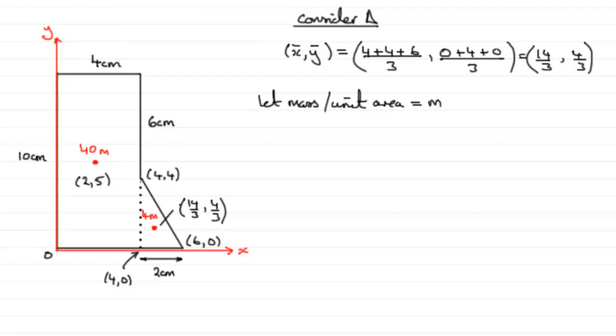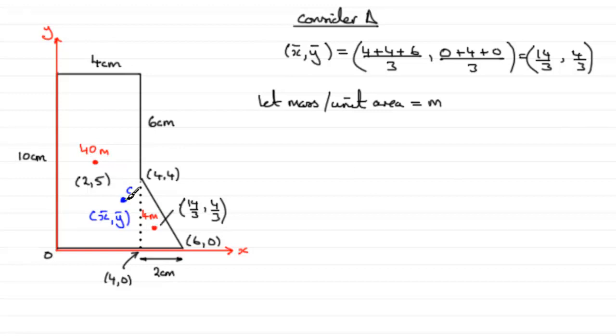So where is the center of mass going to be now for the whole lamina, the composite shape? Well, it's going to be somewhere between these particles. I'm just going to stick it here, say. We'll call it C if you like. And it's got coordinates x bar, y bar. Now, the mass we can assume centered at C is going to be the total of these two masses, 40m and 4m.